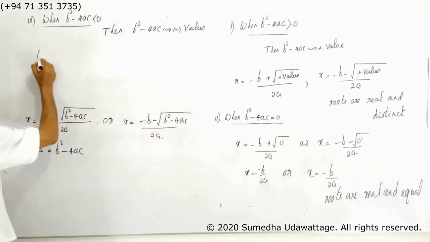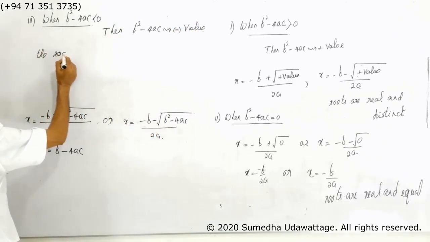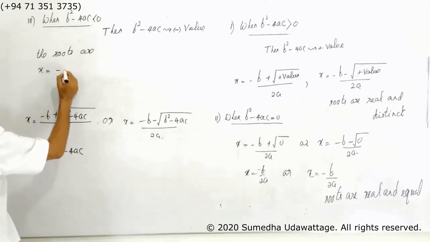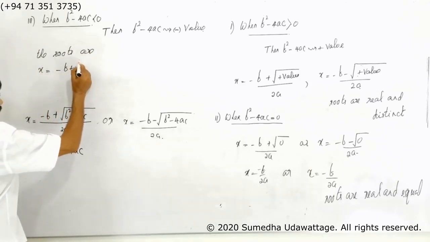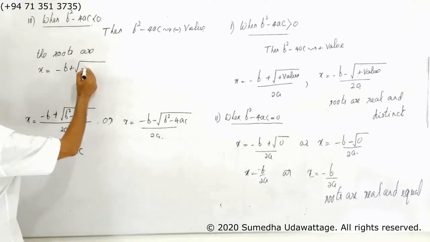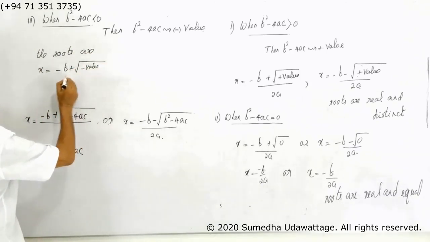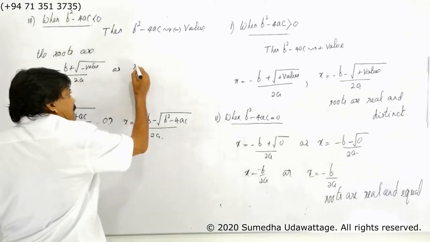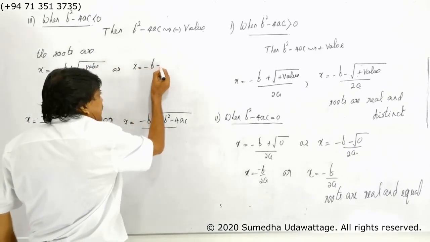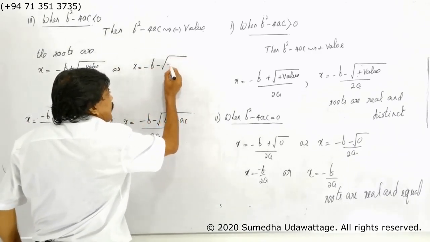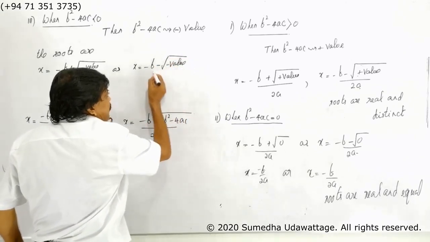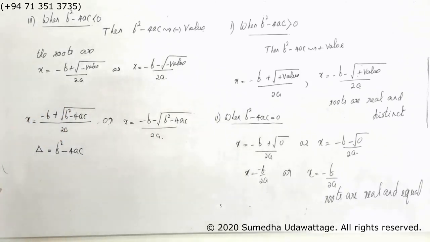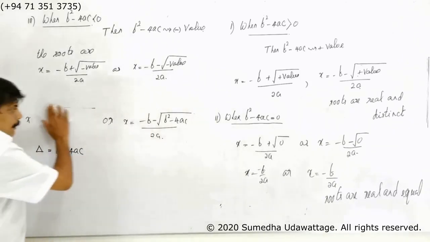The roots are x is equal to minus b plus the square root of a minus value, divided by 2a, or x is equal to minus b minus the square root of a minus value, divided by 2a.